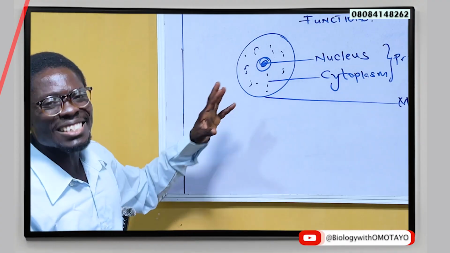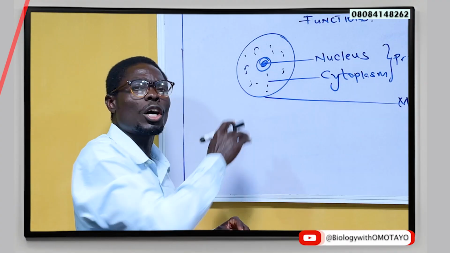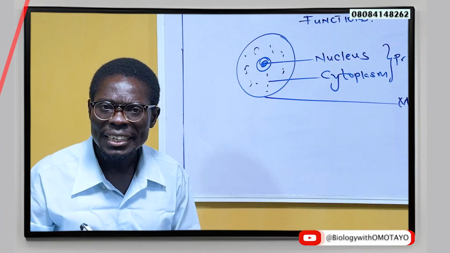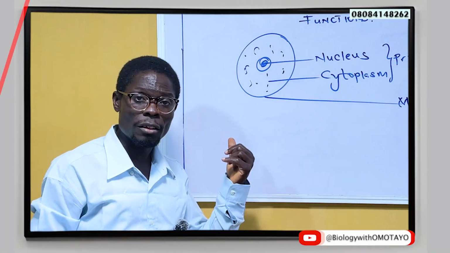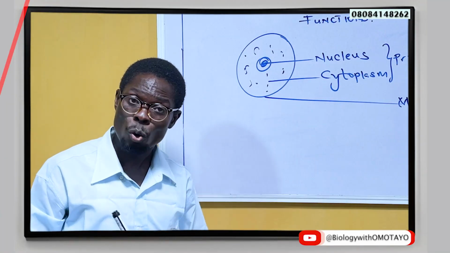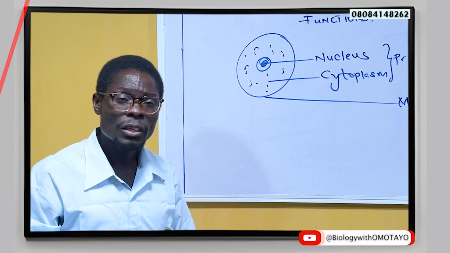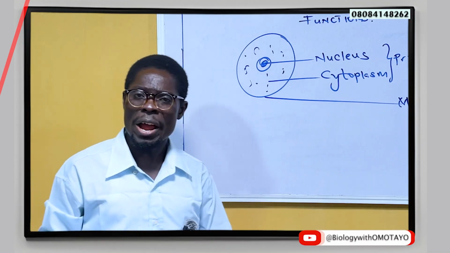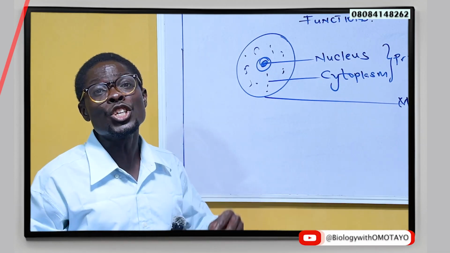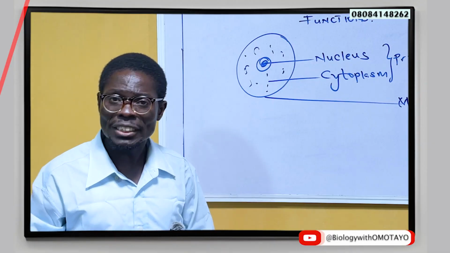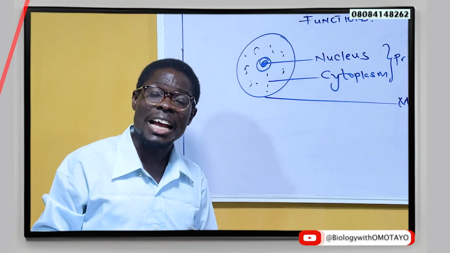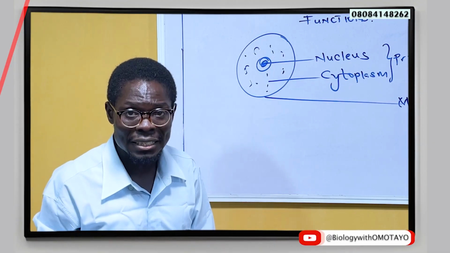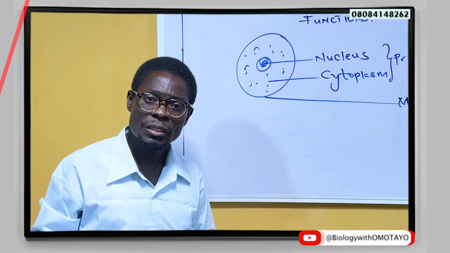However, if it is a cell with a nucleus not well differentiated, then such a cell is referred to as a prokaryotic cell. In our study, our emphasis will be on the eukaryotic cell because that is the type of cell that can be seen in plants and animals.